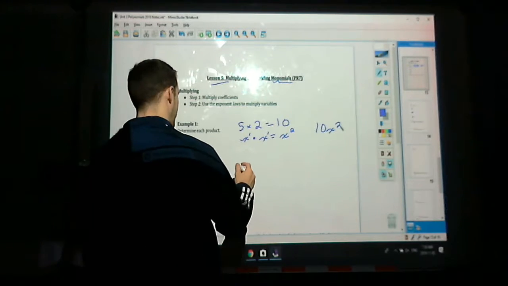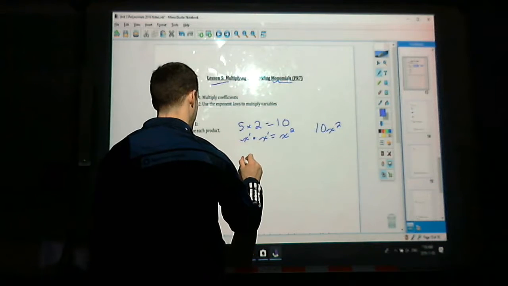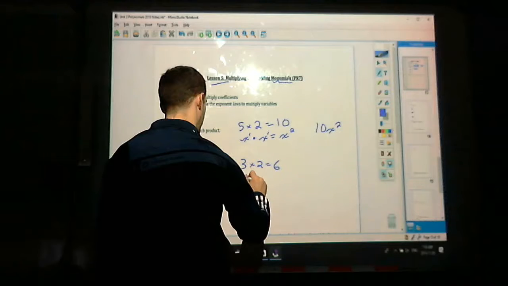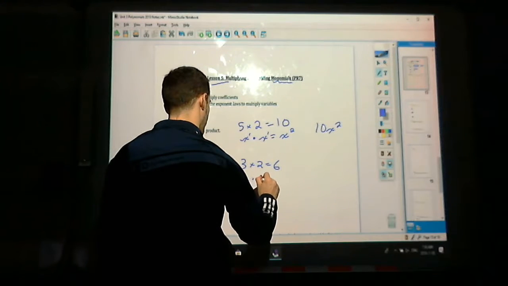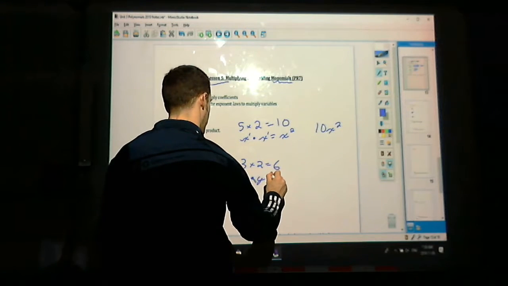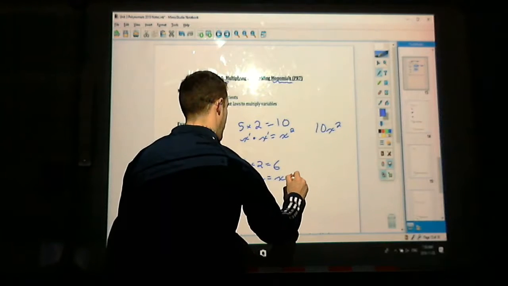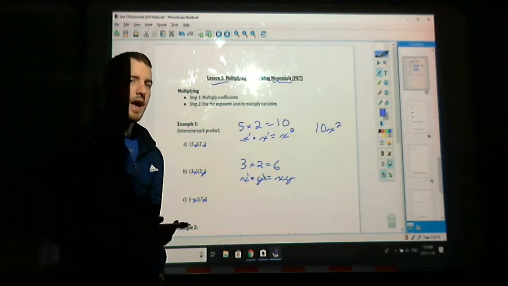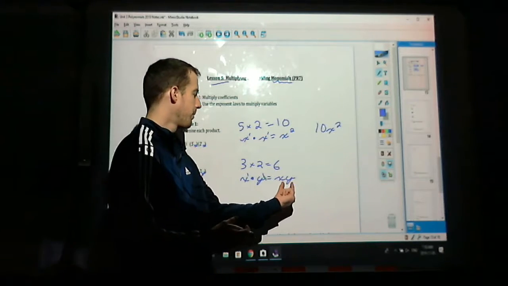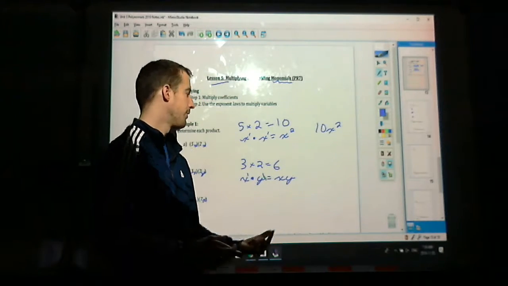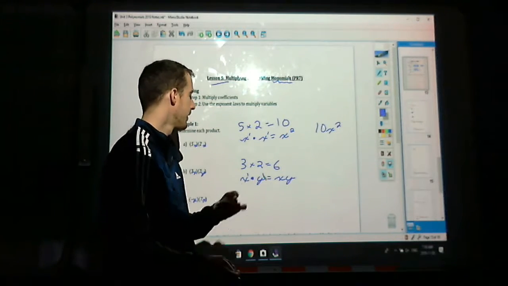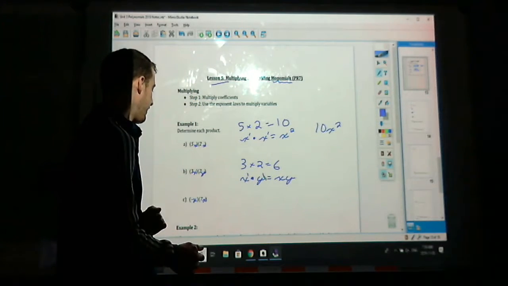Same thing over here. 3 times 2 is equal to 6. x times y is equal to xy. They're not the same base, so we can't combine them. But they're multiplied together, so they do go together. They're both still to the power of 1, but they are one term now, as opposed to two separate terms.